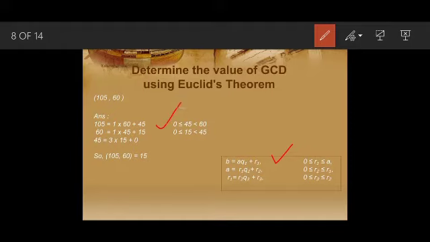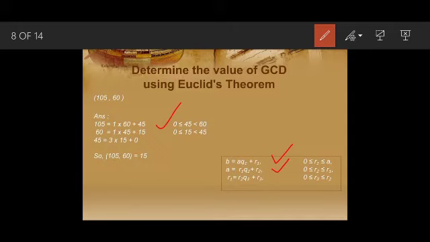And we continue with the next equation: a equals r1 q2 plus r2. It is known that a is 60, the same as the previous one. So we just put in the values, where a is 60 and r1 is 45.